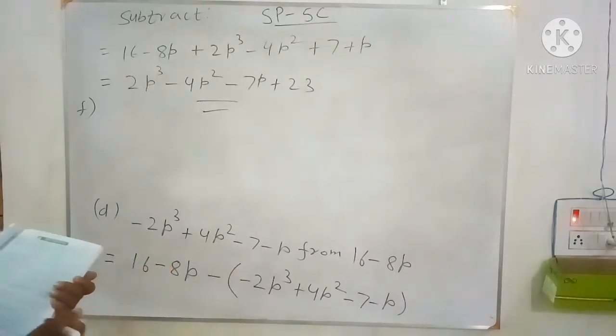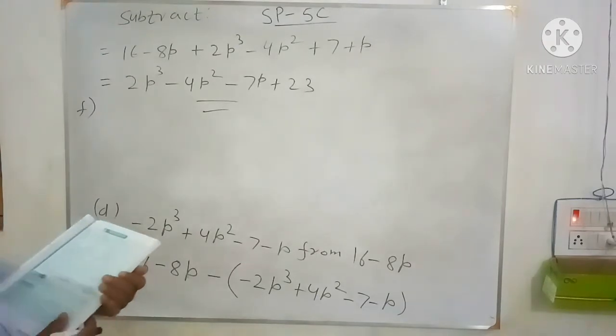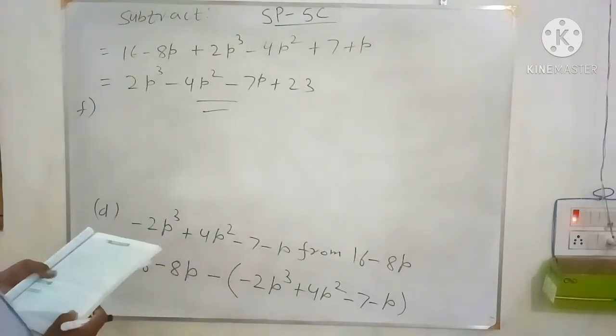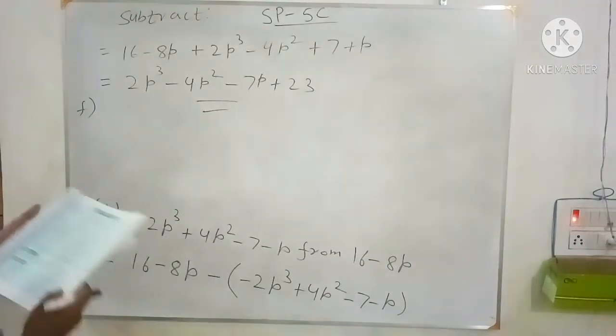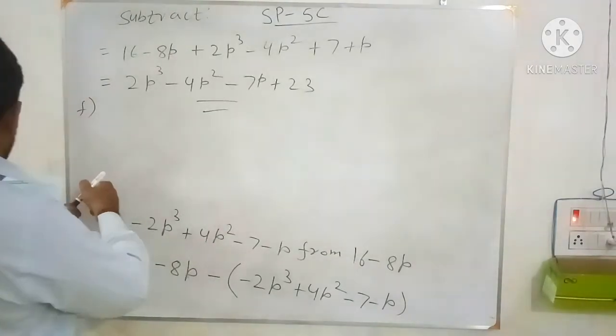So we have to subtract the sum of this from x square minus 6xy plus 4y square. Okay, so let me write the question.